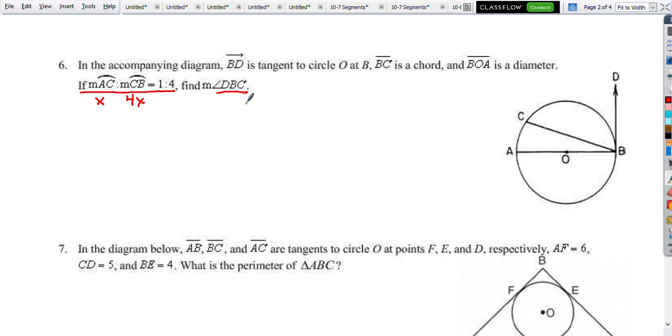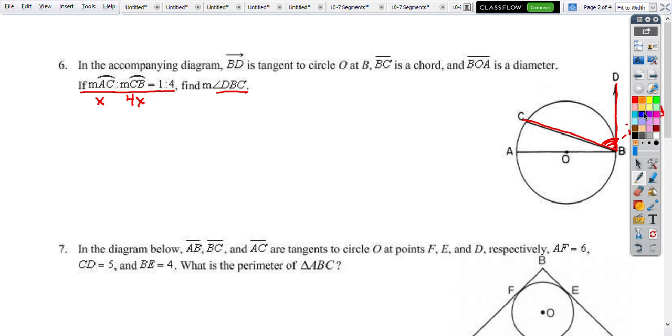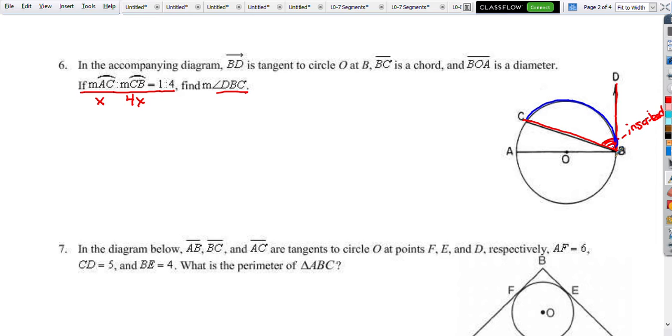So angle DBC is located on the circle, so this angle is considered to be inscribed. So it's half. So I need to figure out this arc, and then I take half. So AC is x, this is 4x, that's my semicircle, so that equals 180.